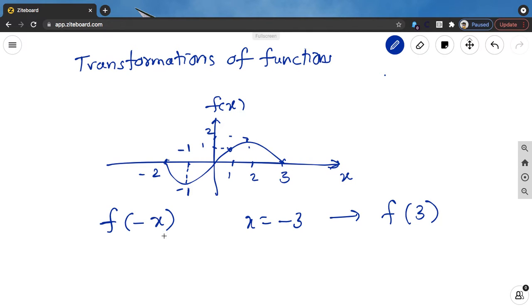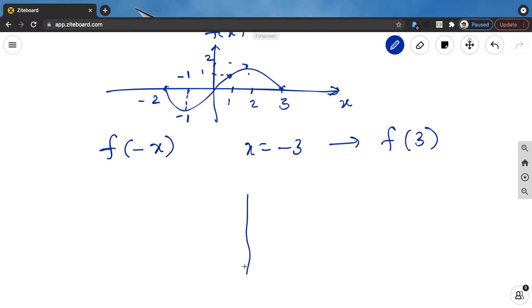So when I give minus 3, f of minus x will think it has got 3 and then it will give the answer 0. So essentially what I'm trying to tell you is that on the negative side of the x-axis, it will behave the same way that it is doing on the positive value.